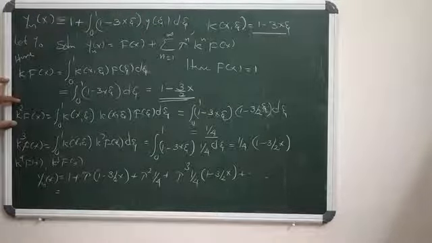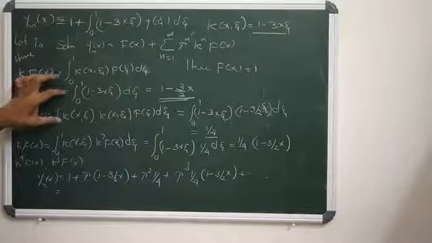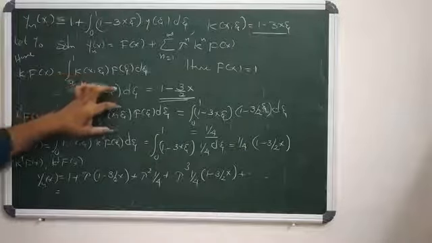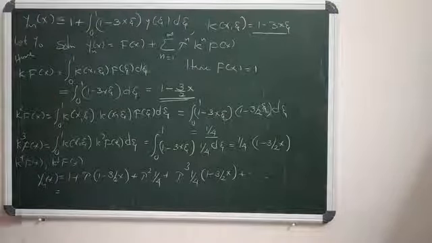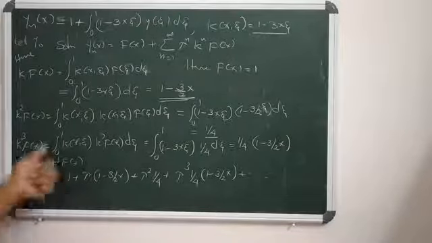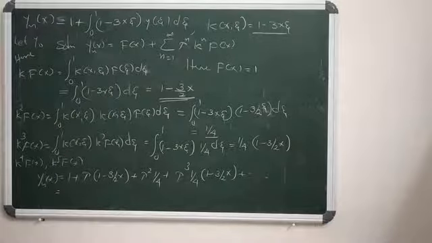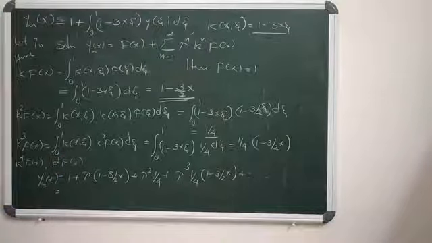K square f of x is the integral from a to b of k x theta k f of theta d theta. That is the term obtained in previous calculations. Then you can proceed like this, and finally apply all of these values here. Then y n of x equals f of x plus sigma n ranges from 1 to infinity lambda power n k n f of x. That is our required solution.